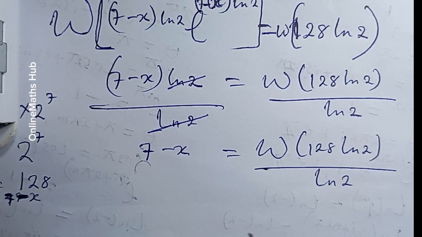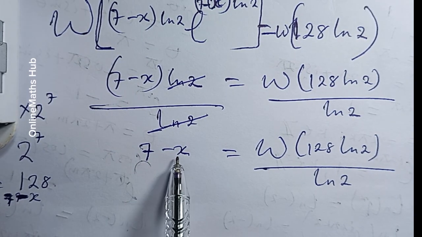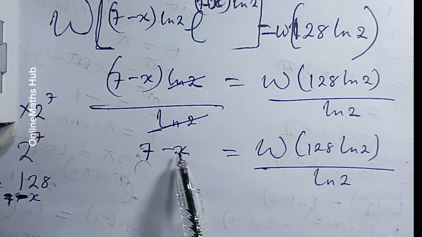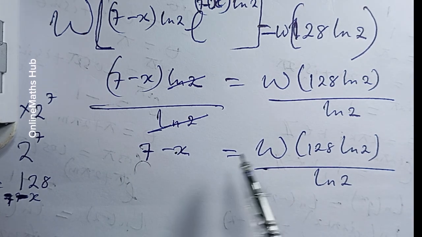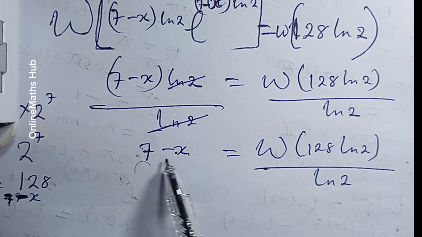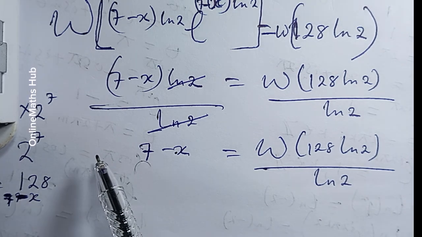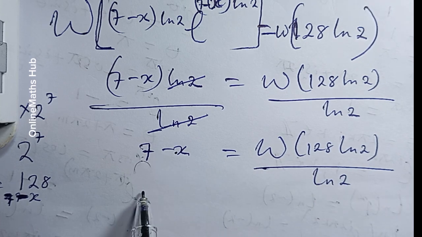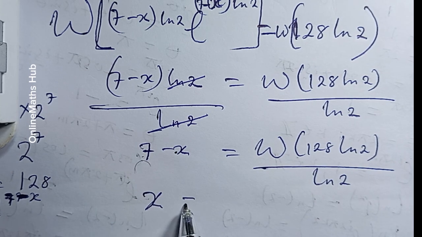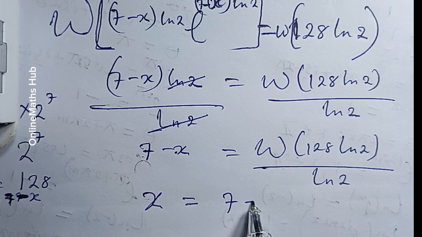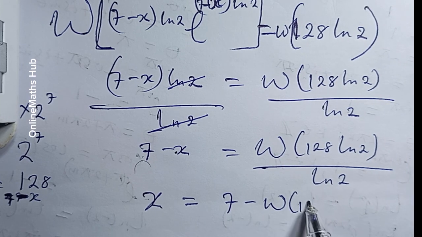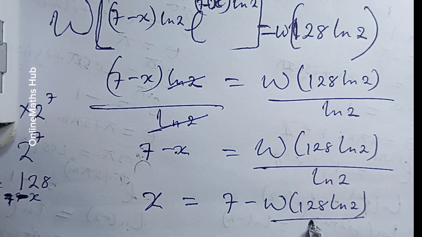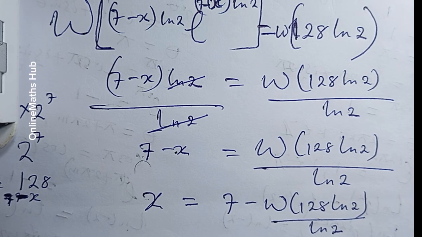Okay, so at this point I will just make x the subject, so I can do that by moving x to the right hand side so that it changes to plus, and then I'll move this one to the left hand side. So I'm going to be having 7 minus the whole of this is equal to x. So x is now equal to 7 minus the Lambert W function of 128 natural log of 2 divided by the natural log of 2.